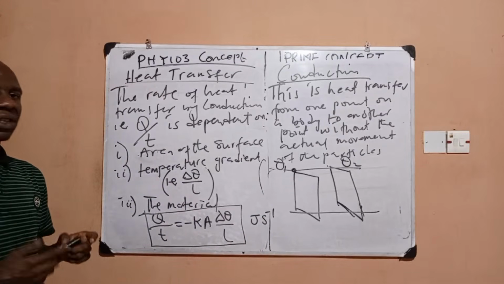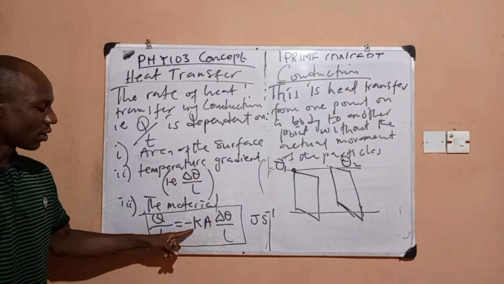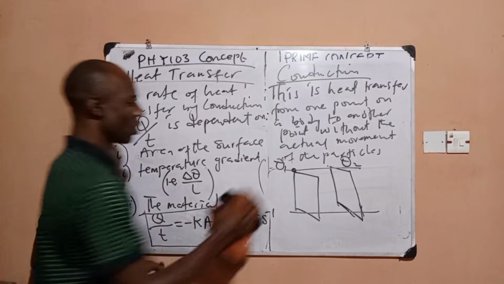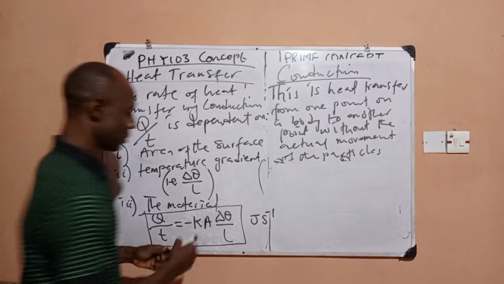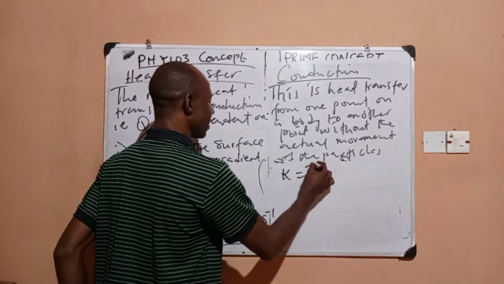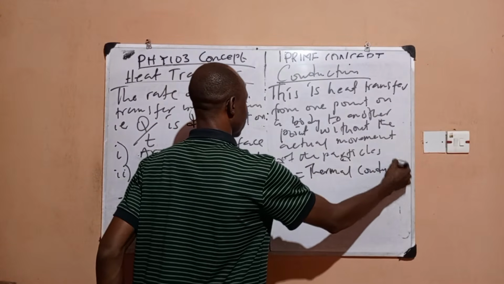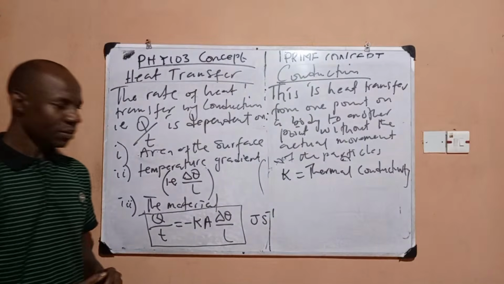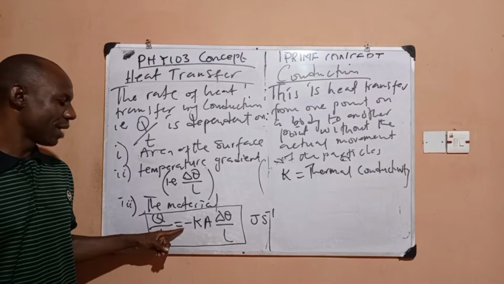The rate of heat transfer is measured in what? Joule per second. What does K represent? K represents the thermal heat conductivity or thermal conductivity. K is thermal conductivity. So that is K. Thermal what? Conductivity.